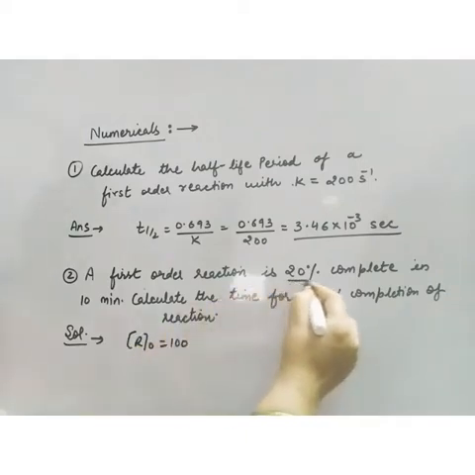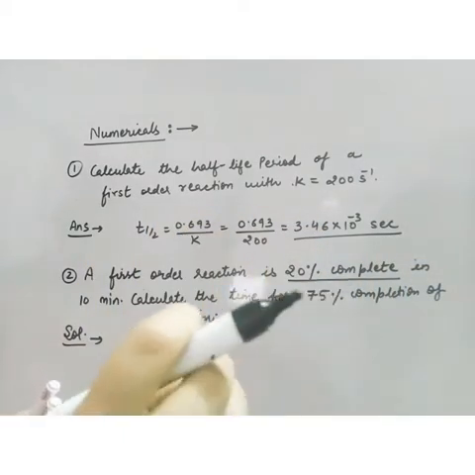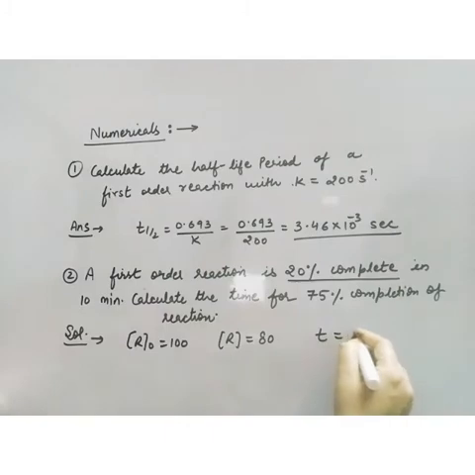Now reaction is 20% complete, it is 20% over. So the final concentration will be 80. If initial is 100, final will be 80. And what is the time? It is 10 minutes. So first calculate K.